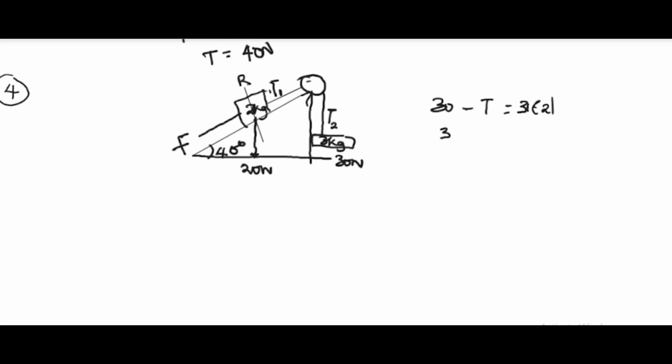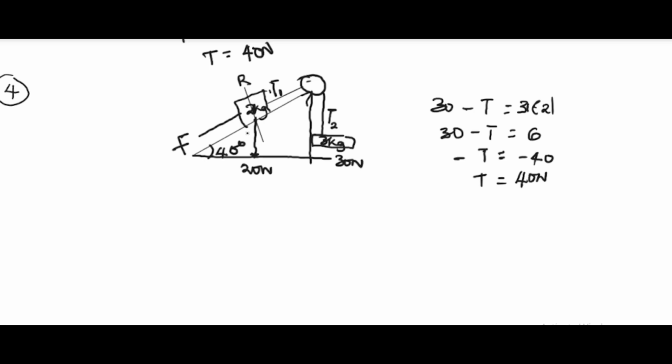So if I have 30 minus T equal to 6, collecting like terms, taking 30 to the other side, I will have minus T equal to minus 24. Dividing both sides by minus 1, because I'm not looking for negative tension, I will have T to be 24 Newton. If you decide to use this one, it will be tension minus 20 is equal to 4. So whichever one you use, you will still find your tension to be the same.